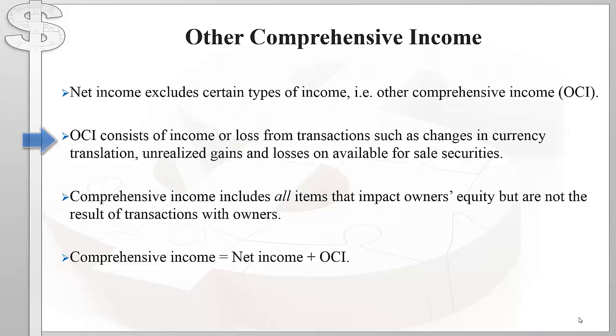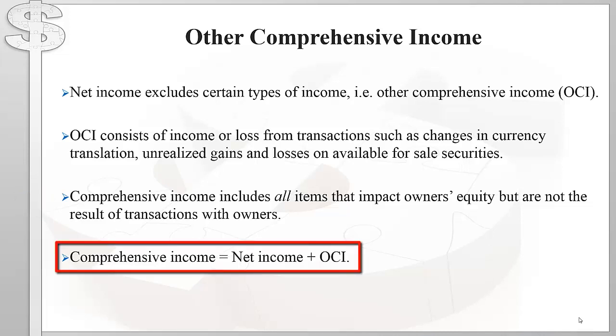If we want to look at all income sources, we need to look at comprehensive income, which includes everything except transactions with owners. Transactions with owners, such as dividend payments or new issuance of equity, are never considered a part of income. Comprehensive income is the sum of net income and OCI.